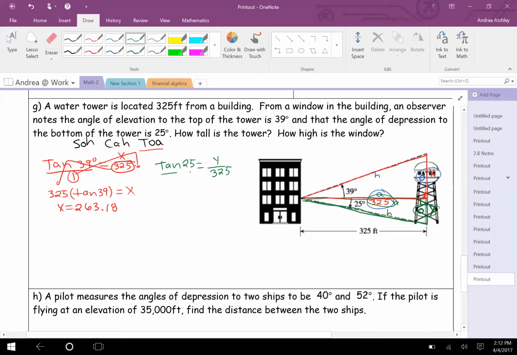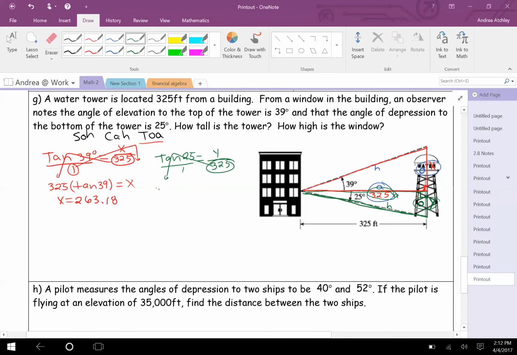Put this over 1 and cross multiply. Any questions? We're going to multiply that out.